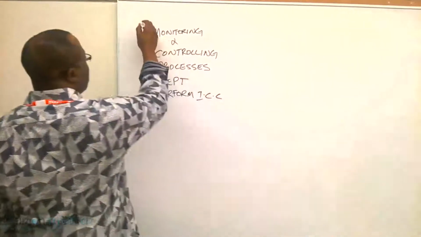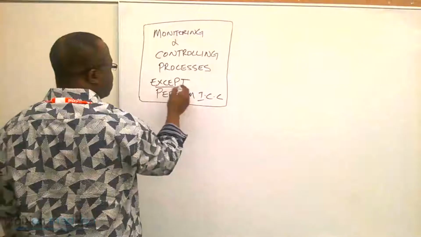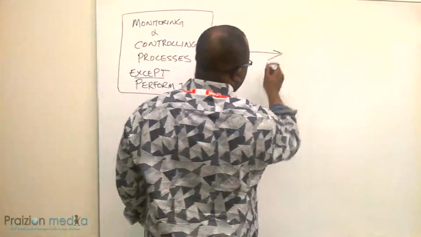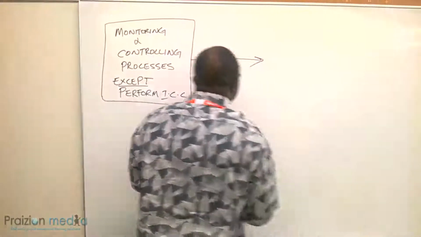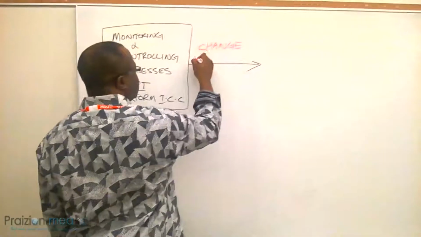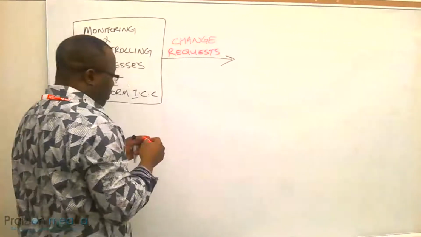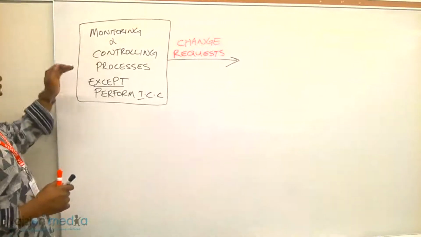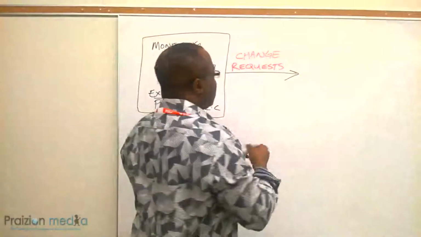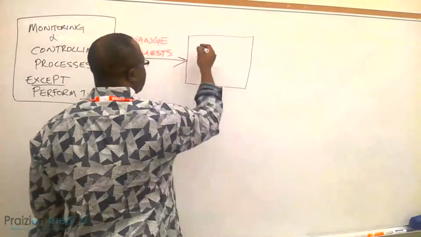All of these processes except perform integrated change control in monitoring and controlling, these all give us change requests. So remember page 61, all of those processes in monitoring and controlling except performing integrated change control, they all give change requests, and all those change requests then go to perform integrated change control.